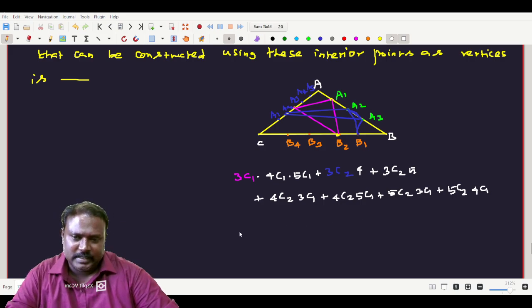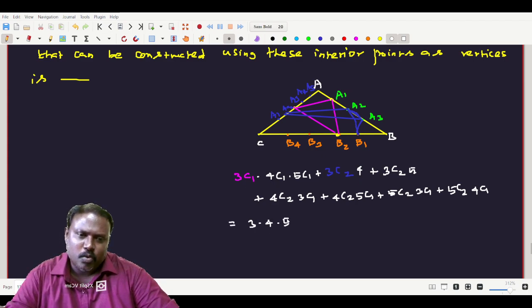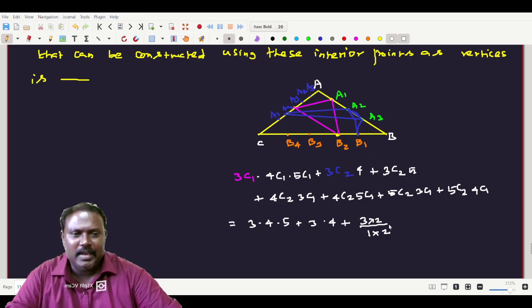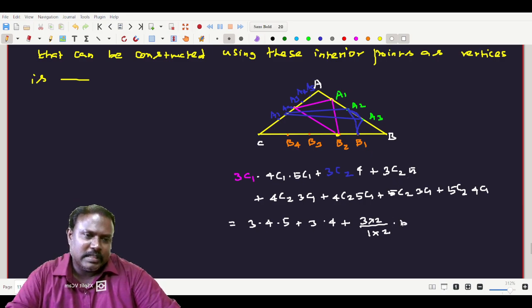This can be rewritten as 3C1 is 3, 4C1 is 4, 5C1 is 5. And then 3C2 is equal to 3C1, so it is 3 into 4C1, that is 4, plus 3C2 is 3 into 2 divided by 1 into 2, into 5.